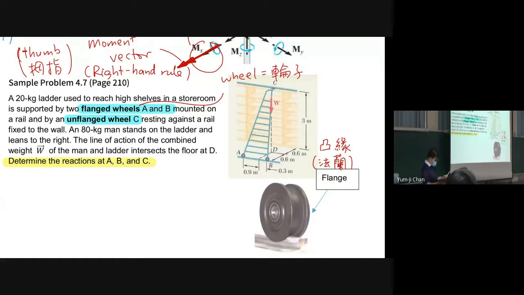It means this thing. If I draw it from the side, it's like this.